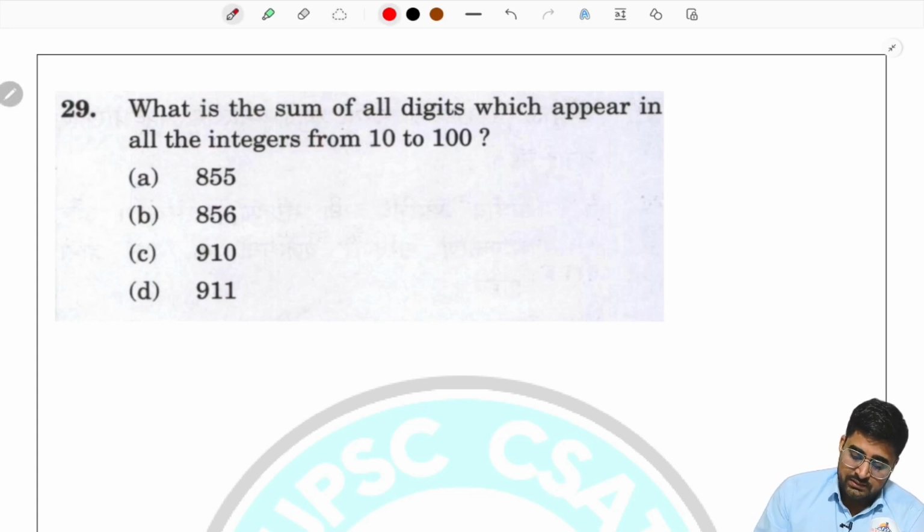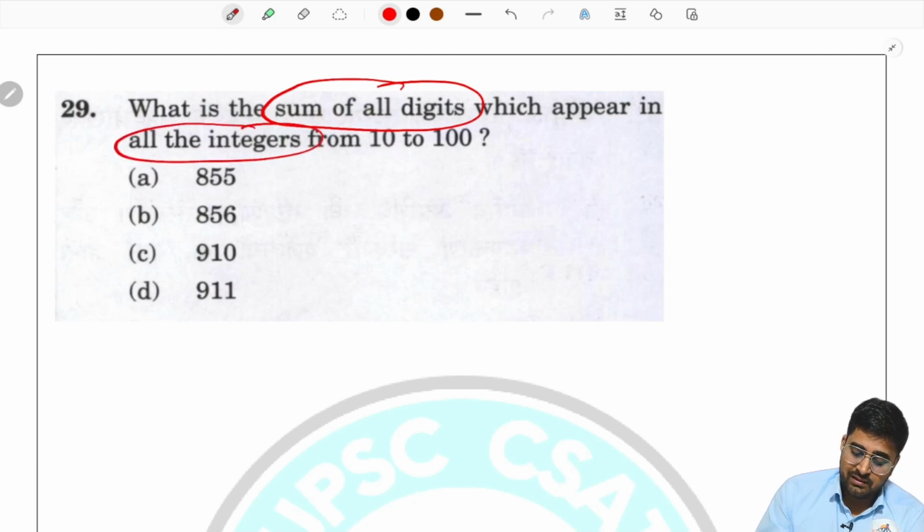Now the question says: what is the sum of all digits which appear in all the integers from 10 to 100? First of all, they are asking the sum of all digits. Sum of all digits which appear in all the integers means they are not asking you this is the first term, then this is the second term, and you have to calculate the last term.